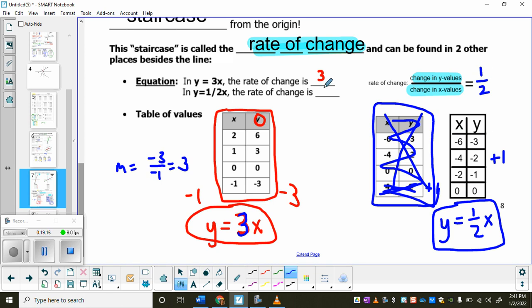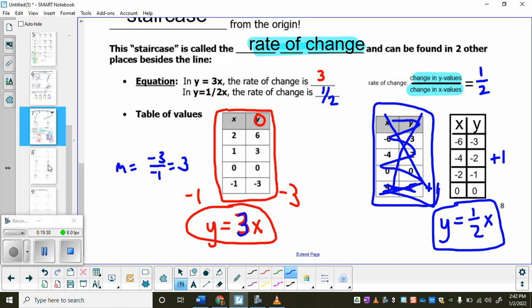And so the rate of change here is the 1/2, which again is the same thing as the slope right there, the 1/2. So we've got some math synonyms here, y'all. When we look at the equation, the coefficient, the 1/2, is now called m, which is now called the slope, which is now called the rate of change. So lots of new words here for that, okay?